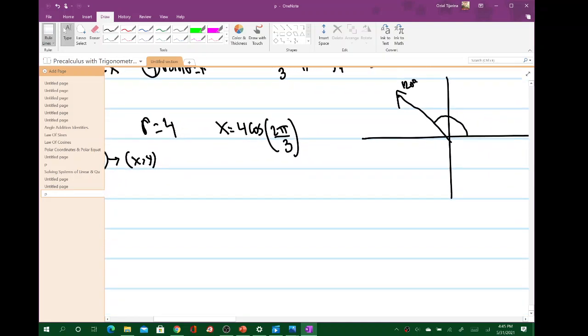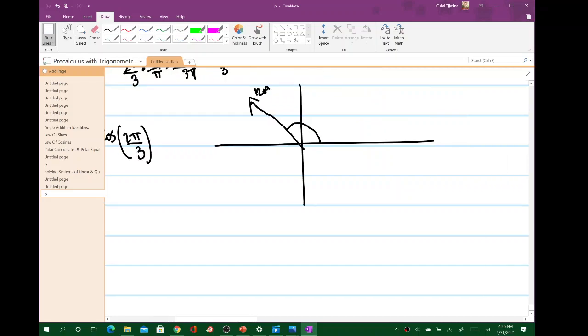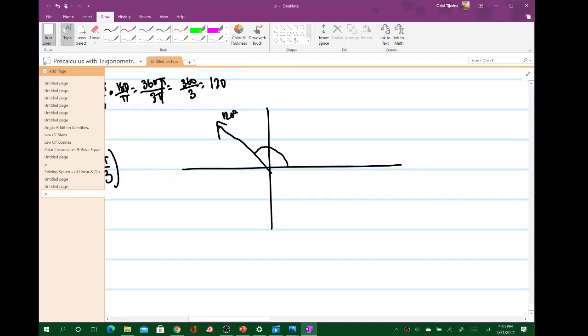So that means that the cosine of 120 degrees, if we go, basically in the unit circle, you have pi over 2, and then over here you have pi over 3, and this corresponds to 2 pi over 3.